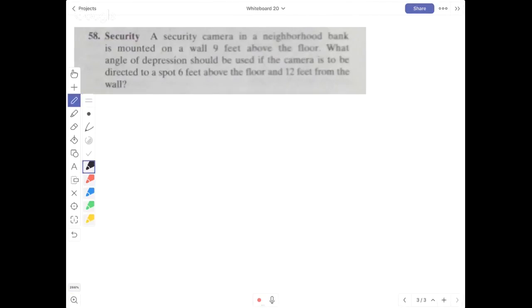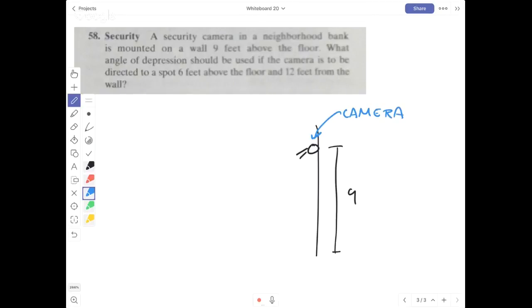So, wall, 9 feet, security camera. That's the camera. What angle of depression should be used if the camera is to be directed to a spot 6 feet above the floor and 12 feet away from the wall?